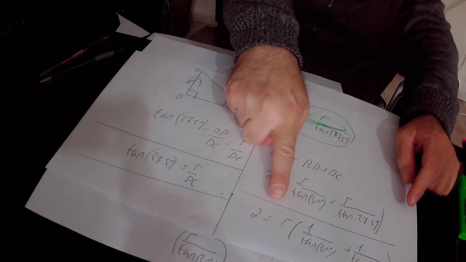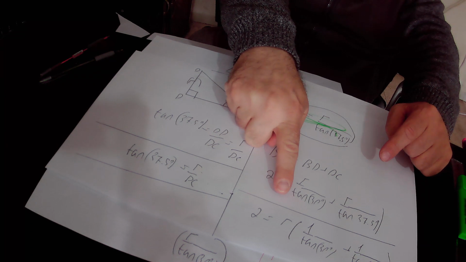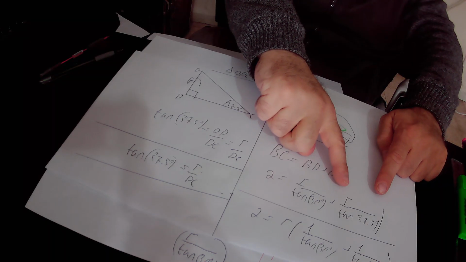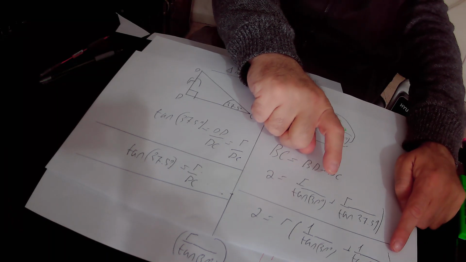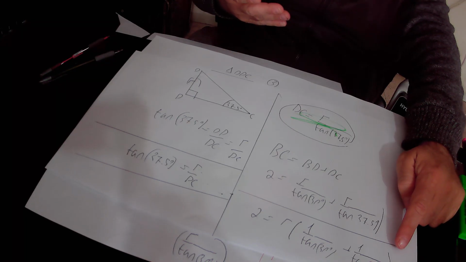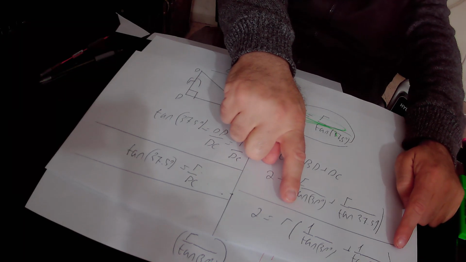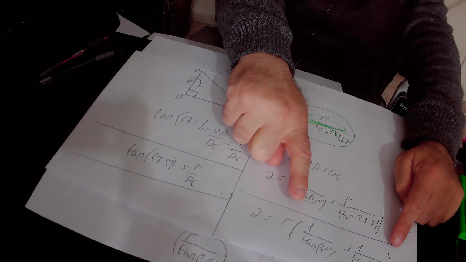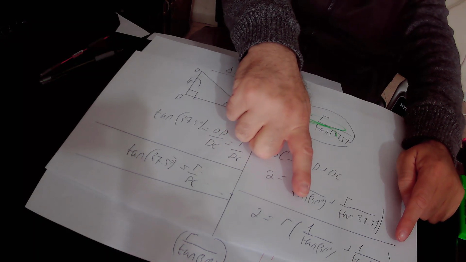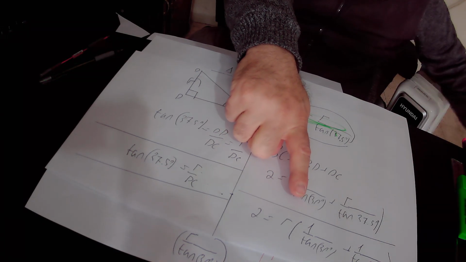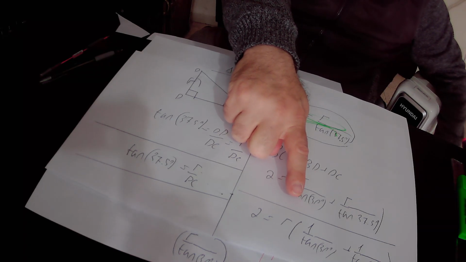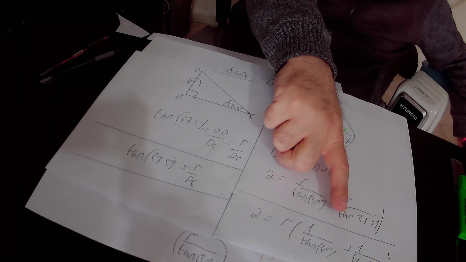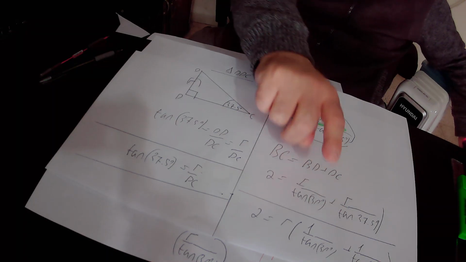So 2 equals R times, inside the brackets, 1 over tan 30 degrees plus 1 over tan 37.5 degrees. 1 over tan 30 degrees equals 1.732, and 1 over tan 37.5 degrees equals 1.3032.